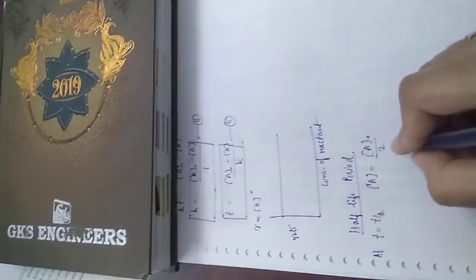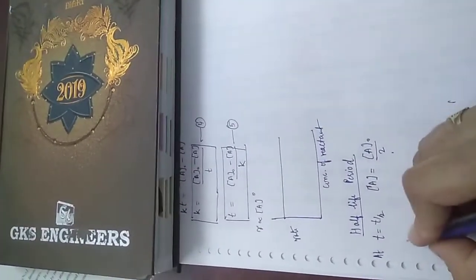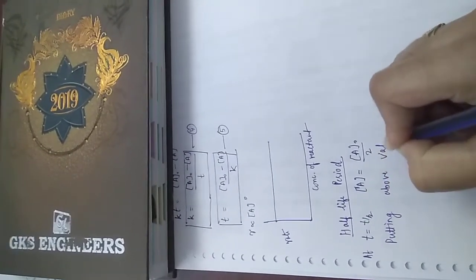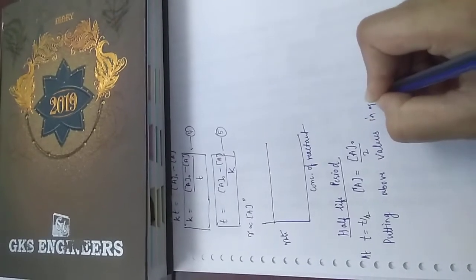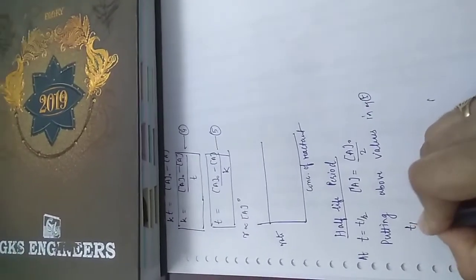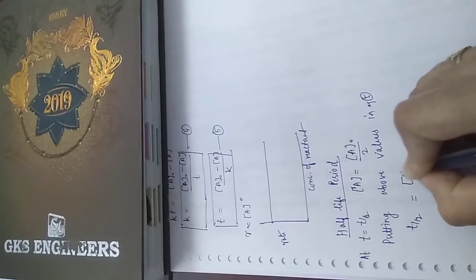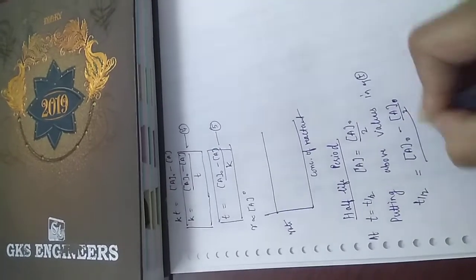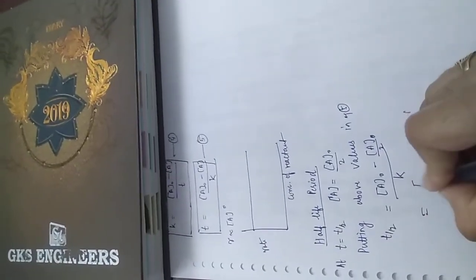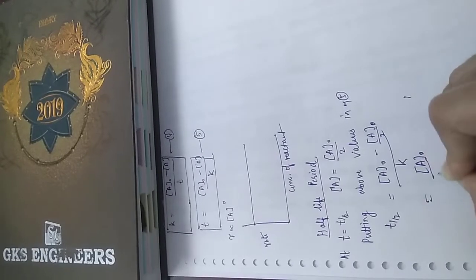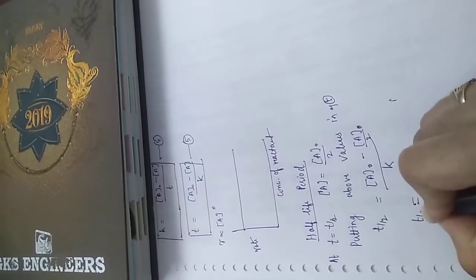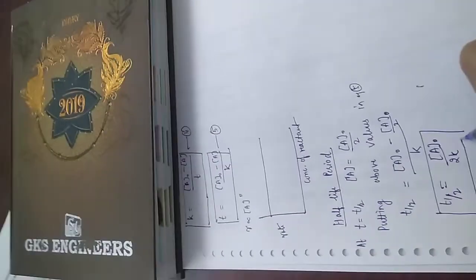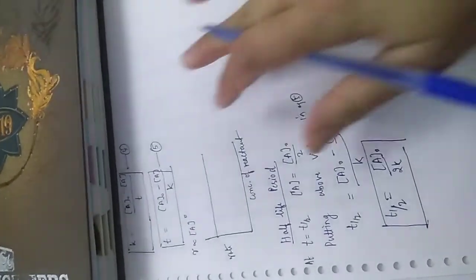Now if we put these values in equation 5, what we will get? We will get t half is equal to A naught minus A naught divided by 2, divided by K. So in the final equation, we'll get this. This is our half-life time of a zero order reaction.